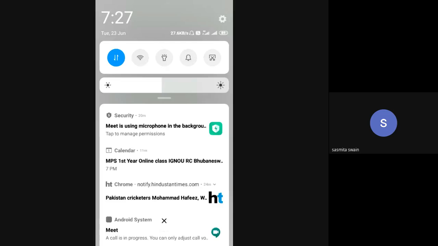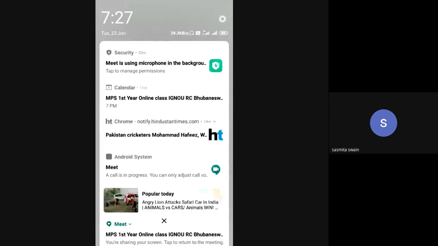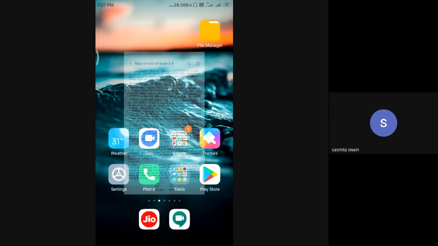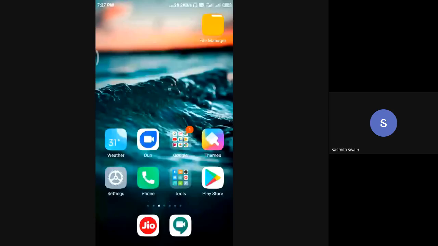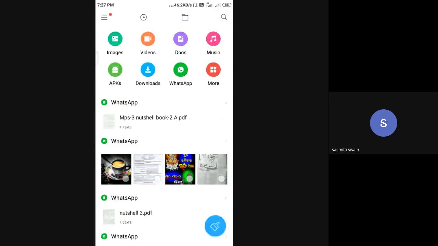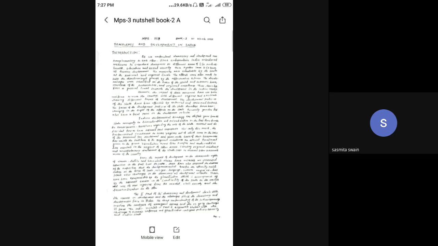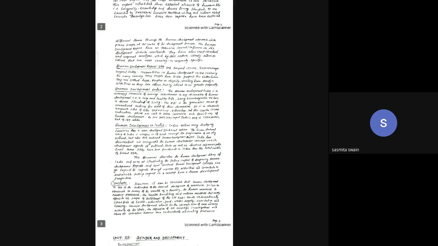Next, in this regard, I just draw the Human Development Report 2019. It was beyond income, beyond averages, beyond today.